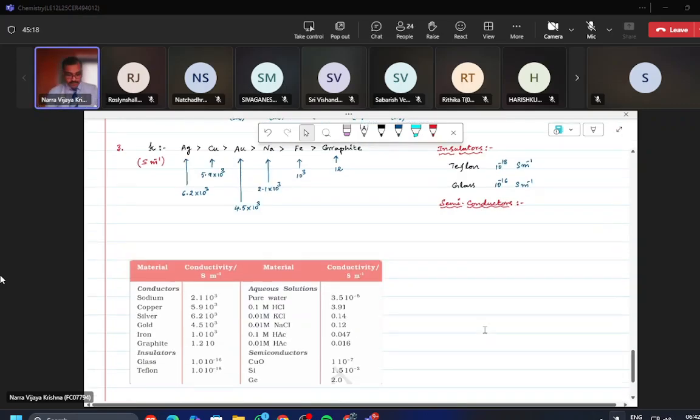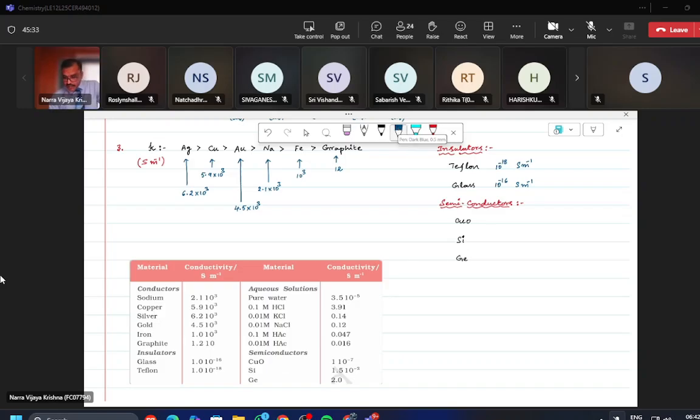Semiconductors, examples: copper oxide, silicon, germanium. Copper oxide electrical conductance 10 power minus 7. Silicon 1.5 into 10 power minus 2. Germanium 2 units. Siemens per meter.